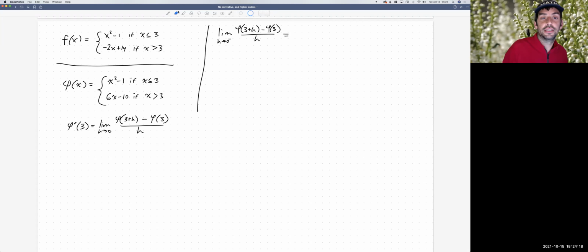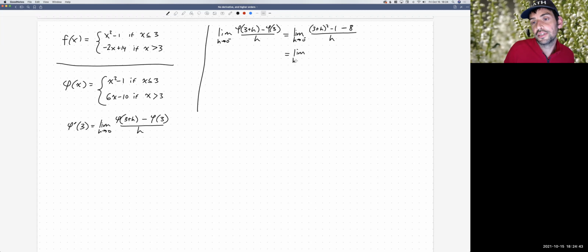We're going to have the limit as h goes to 0 of (3 plus h) squared minus 1 minus phi of 3. Well, phi of 3 is easy enough to do in our heads: 3 squared minus 1 is 8, all over h. This is our limit from below.